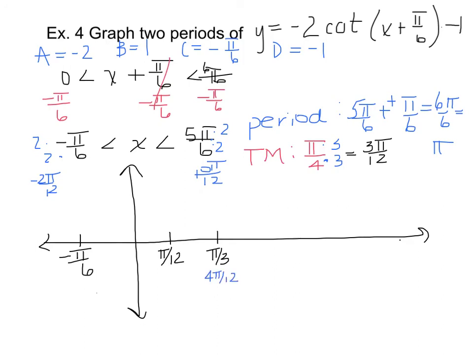Then add another 3. That's 7 pi over 12. Then add another 3. That's 10 pi over 12, which is 5 pi over 6.